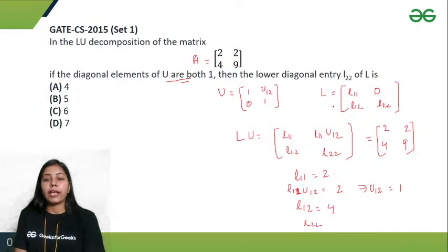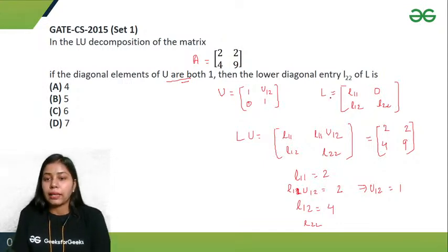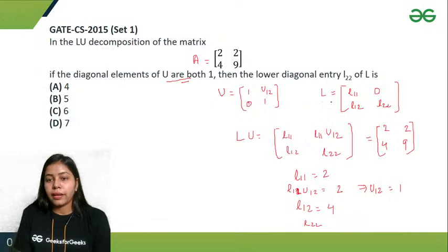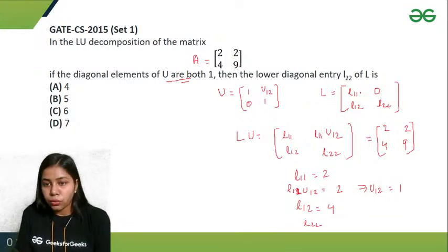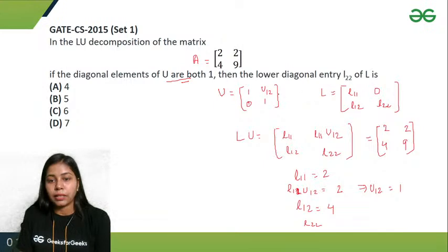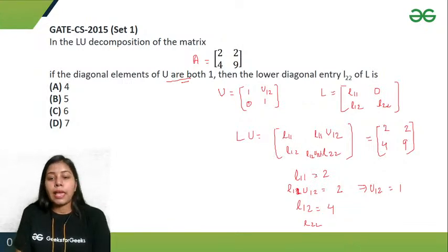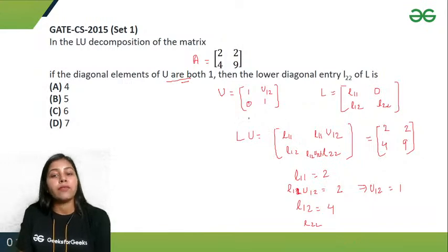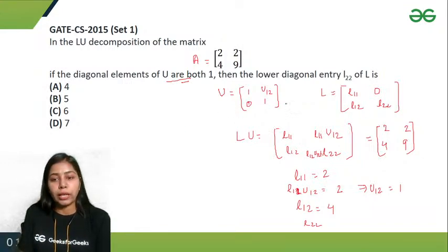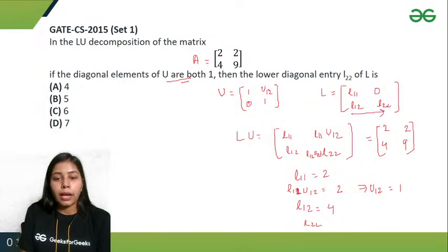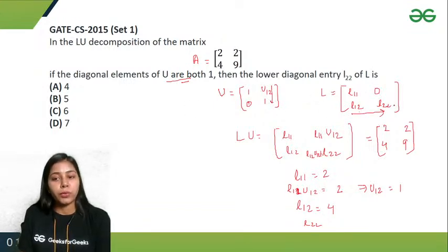And we have to find out the lower diagonal entry L22 of L. Okay, so we multiply L with U. By mistake, I did it with U and L. Taking this row of L and this column of U gives me L12 U12 plus L22.